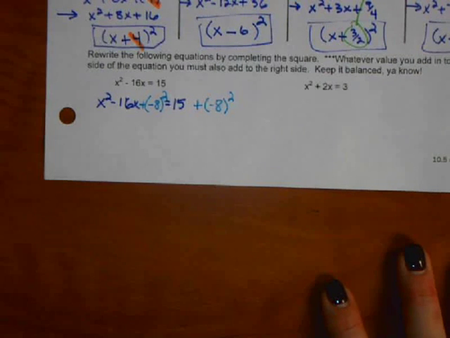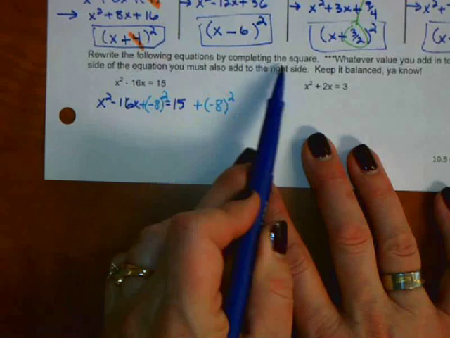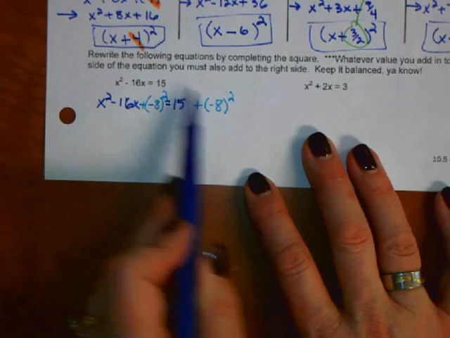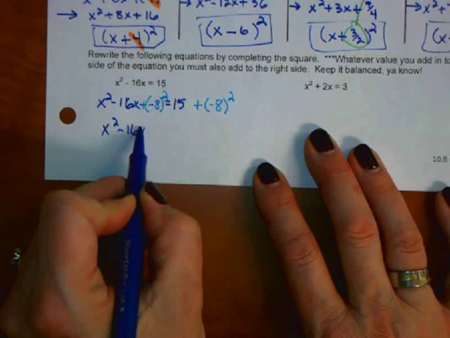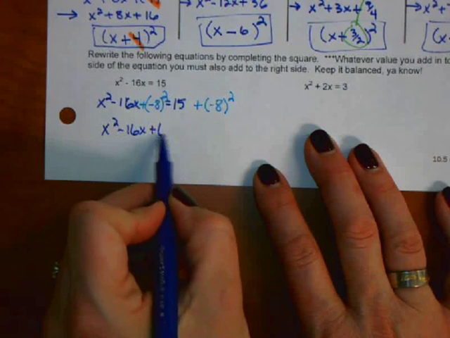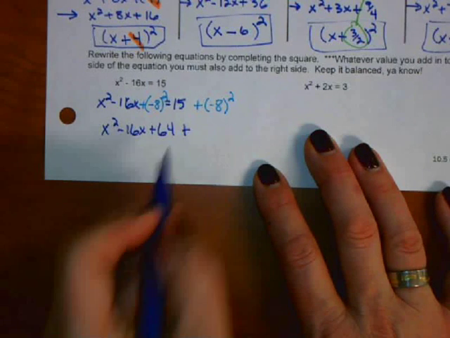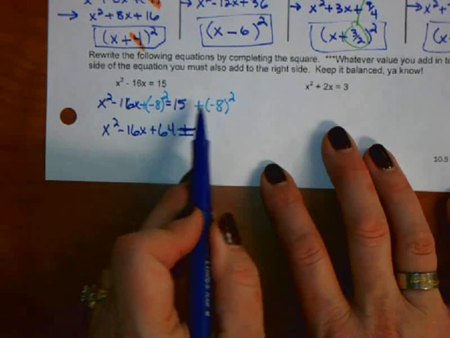Okay, so now I'm just going to simplify it a little bit. All this is asking me to do is rewrite the following equations by completing the square. So I'm just going to make this a little bit prettier. X squared minus 16x plus, what's negative 8 squared? 64 plus, equals 15 plus 64.